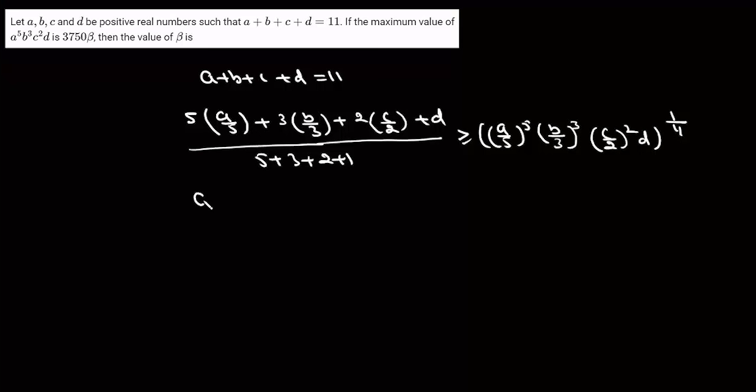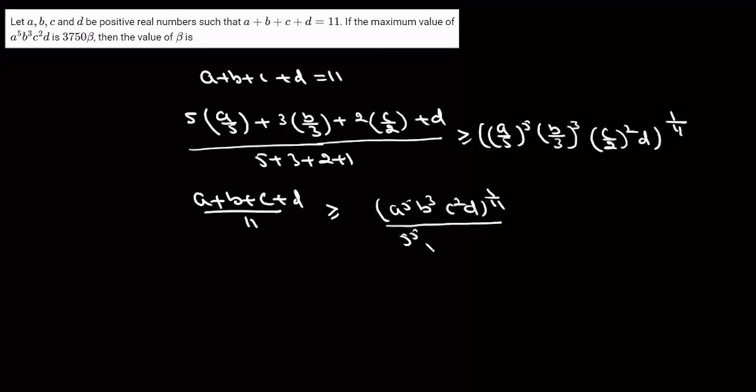So we can write (a plus b plus c plus d) by 11 will be greater than or equal to (a to the power 5, b cube, c square, d) to the power 1 by 11, upon (5 to the power 5, 3 cube, 2 square into 1) to the power 1 by 11.